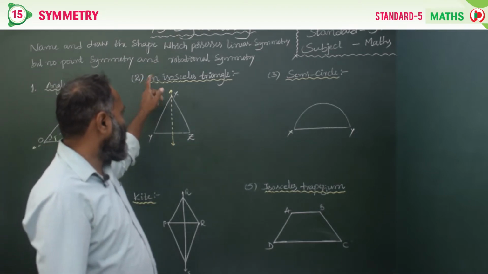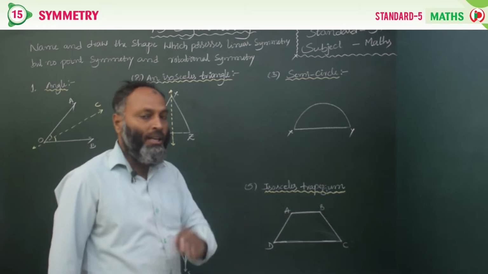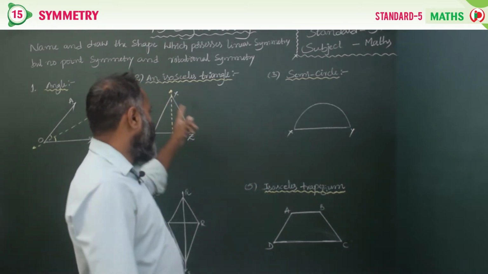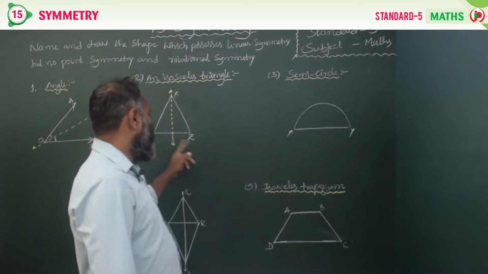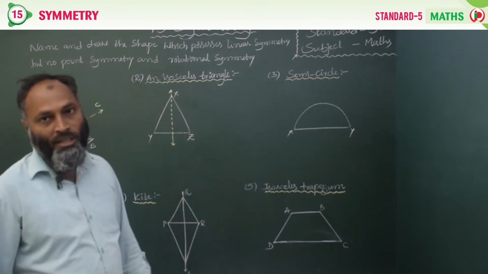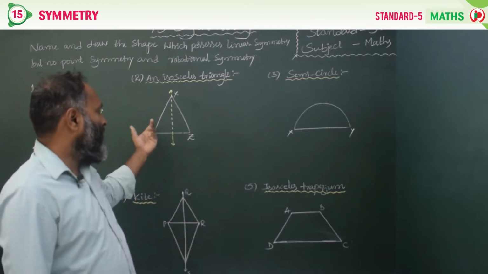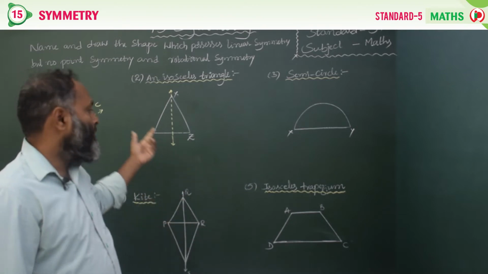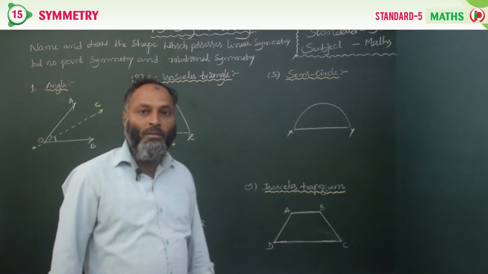So this isosceles triangle has only a line of symmetry. There is no point of symmetry, there is no intersection point, so we will not get a point of symmetry, and also not rotational symmetry. Okay.